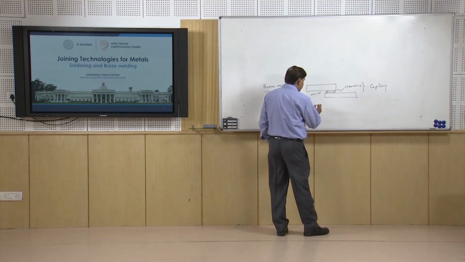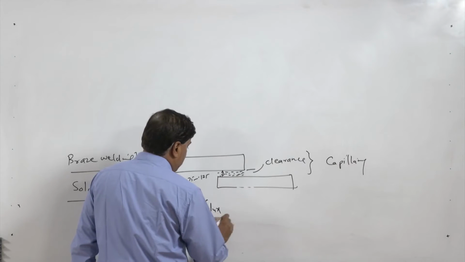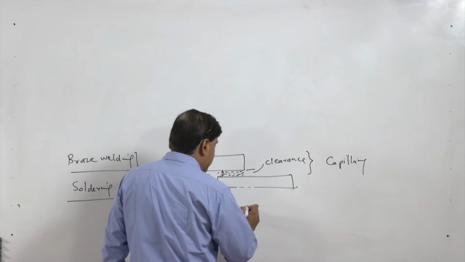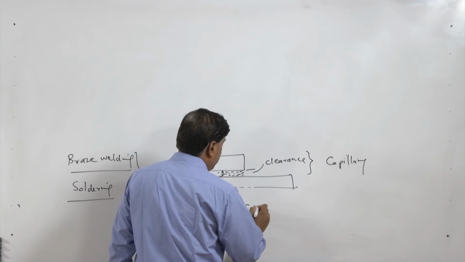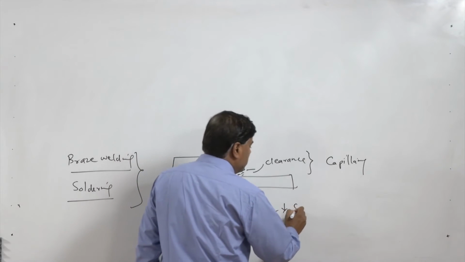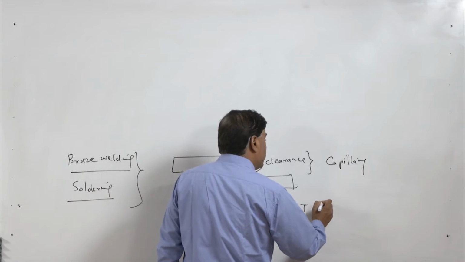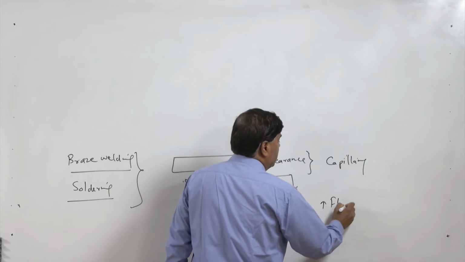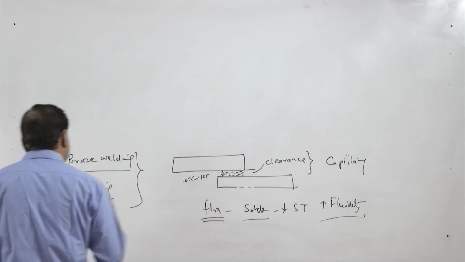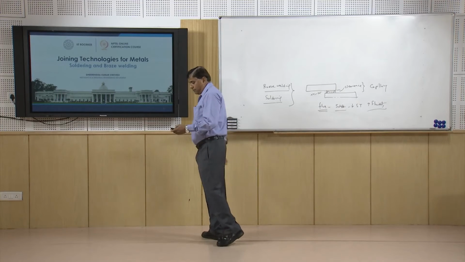Additionally, the use of proper flux also helps in improving the spreadability, because the flux reacts with the solder, which helps in reducing the surface tension and increasing the fluidity. So, improved fluidity helps in improving the spreadability of the solder.